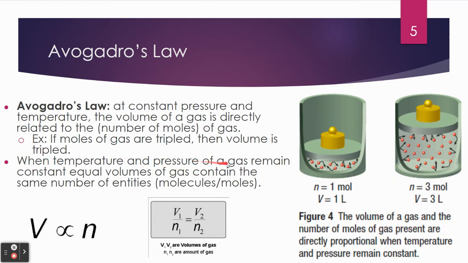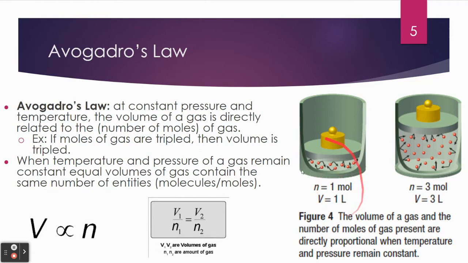When pressure and temperature are constant, equal volumes of gas are going to have the same number of entities. What does that mean? If I have the same pressure and the same temperature, and nothing's changing, and I have 2 different samples with the same volume, they have the same number of moles or molecules of gas.